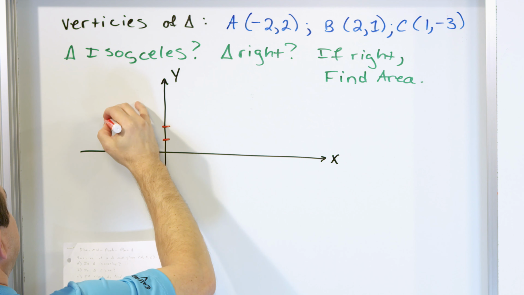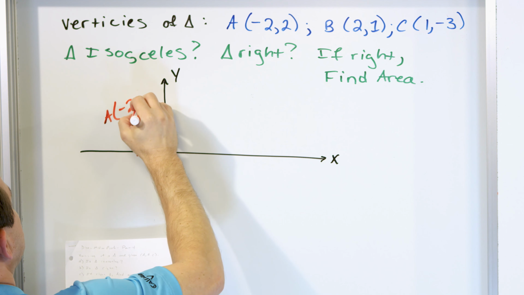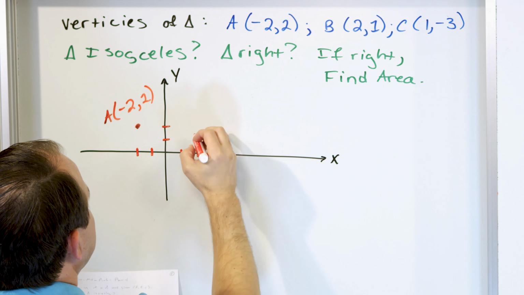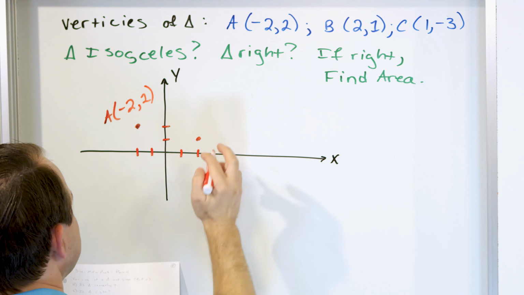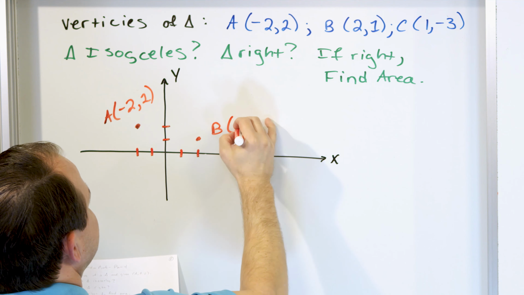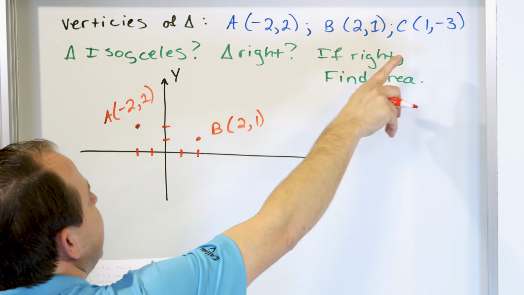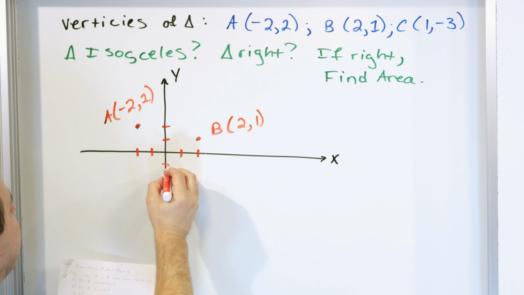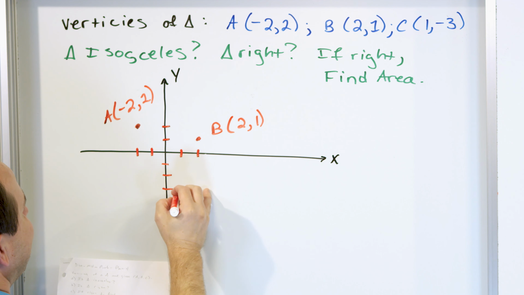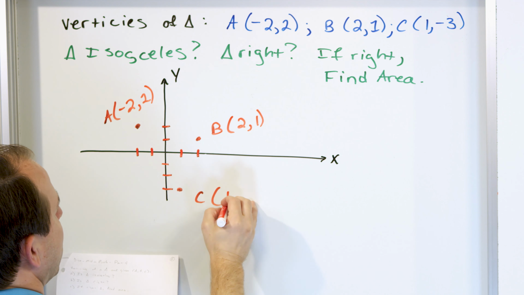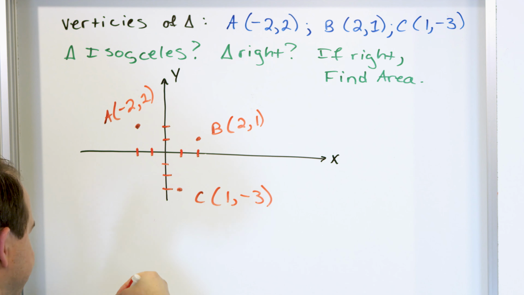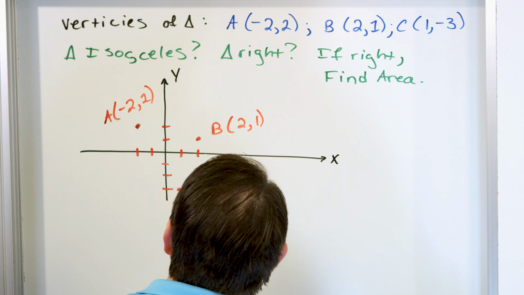This is A, at -2, 2. Now B is located at 2, 1. That's 2 for x and up 1 for y. So this will be B, 2, 1. And then C is 1, -3. So there's a point down here someplace. That's C, 1, -3.